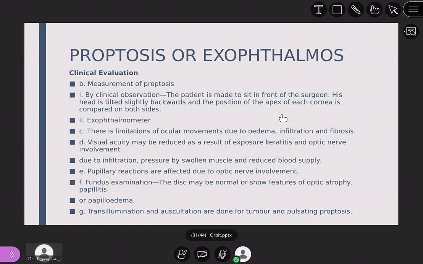There is limitation of ocular movement due to edema, emphysema, or fibrosis. Visual acuity may be reduced as a result of exposure keratitis, which is very important, and optic nerve involvement.